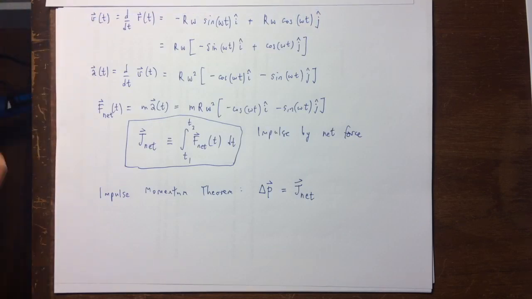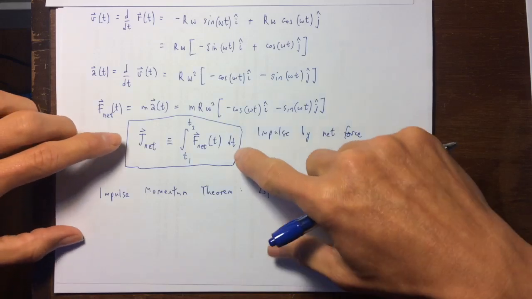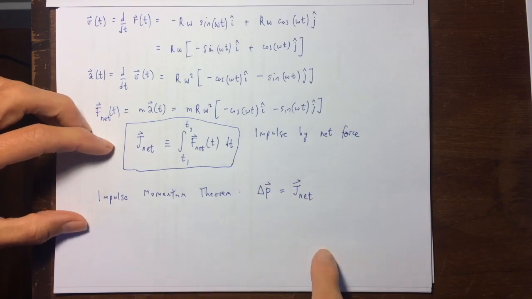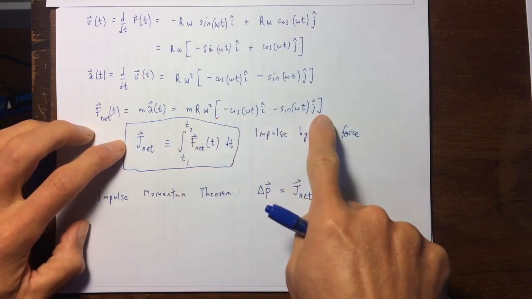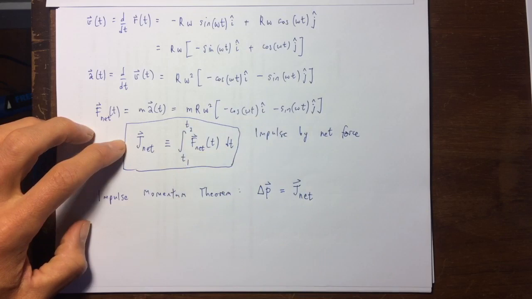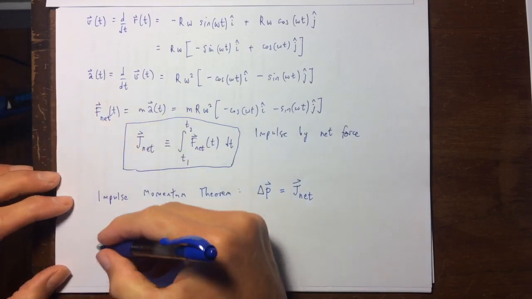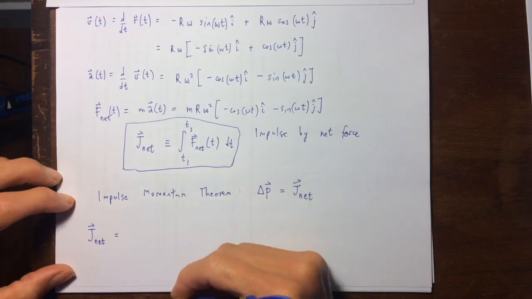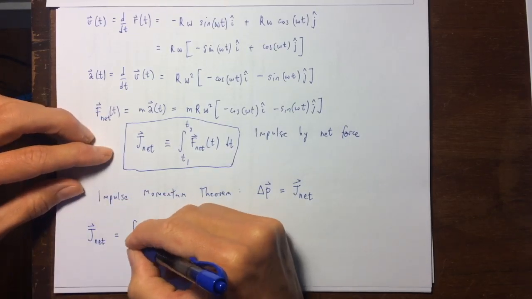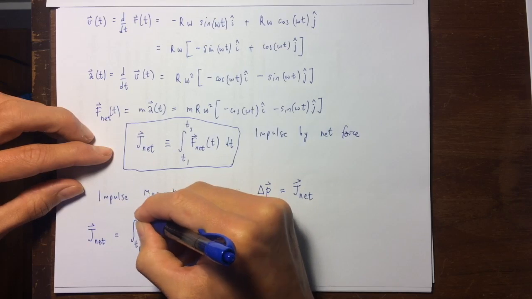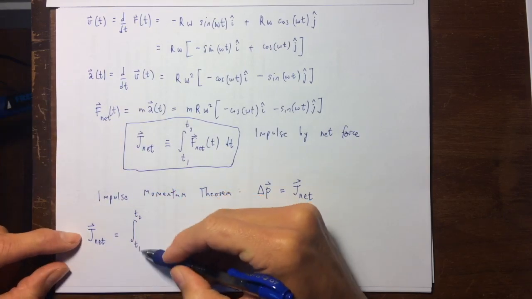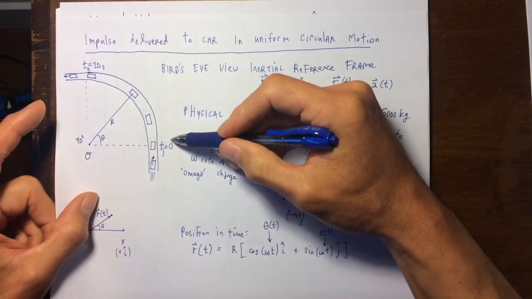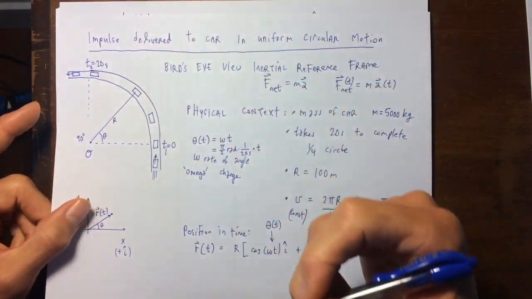So I'm going to go ahead and write out this thing, maybe I'll put it here, with this function of time sitting here, and we can look at it for a second. J net equals the integral from t1 to t2. So we have to specify times that are interesting. For us, the times that are interesting are 0 and 20 seconds later.